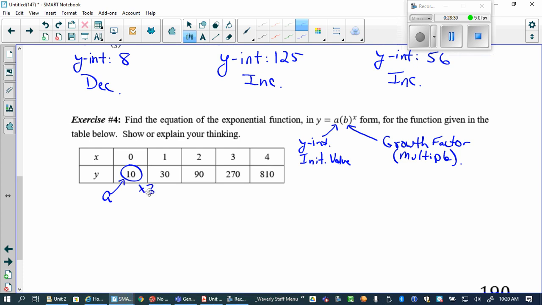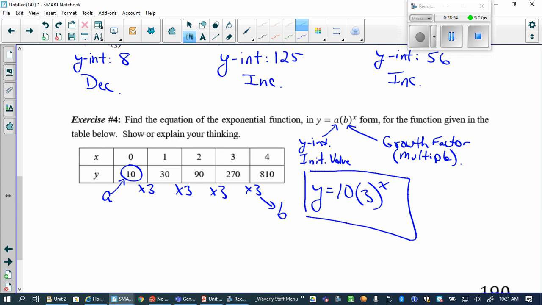Times 3. It's multiplied by 3, and it keeps going like that, right? So this is our B. So the equation has to be y equals 10 times 3 to the x, X of them, whatever X happens to be.